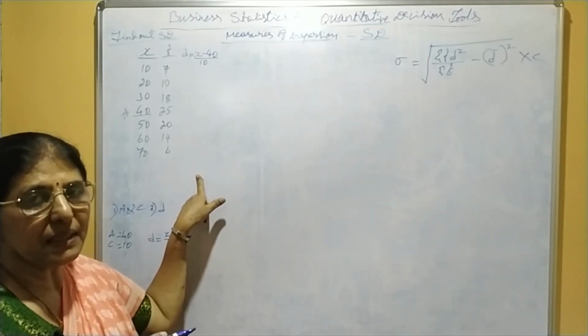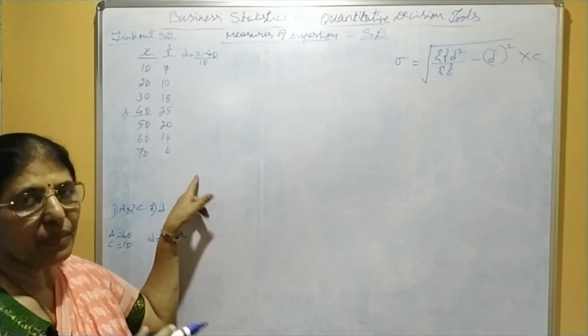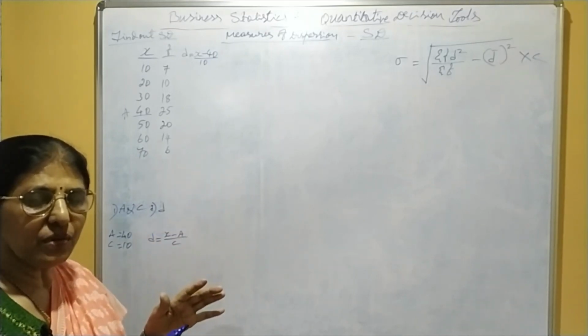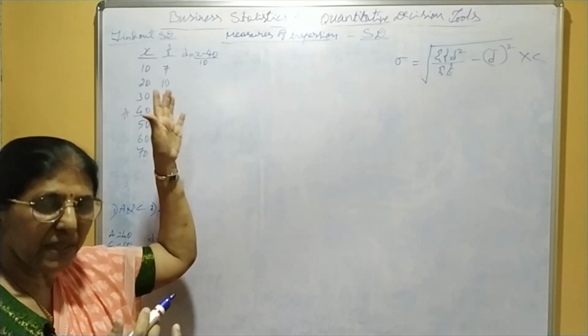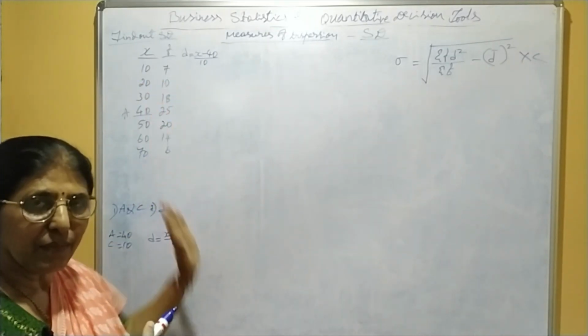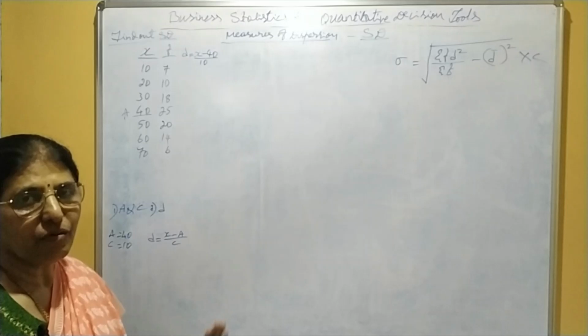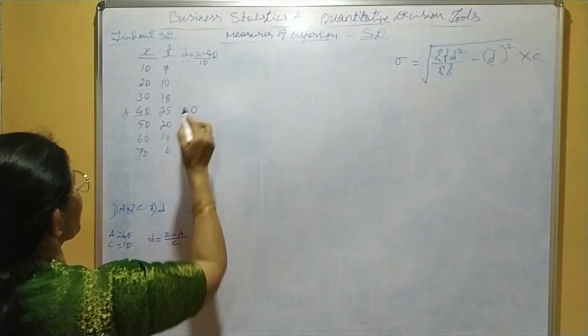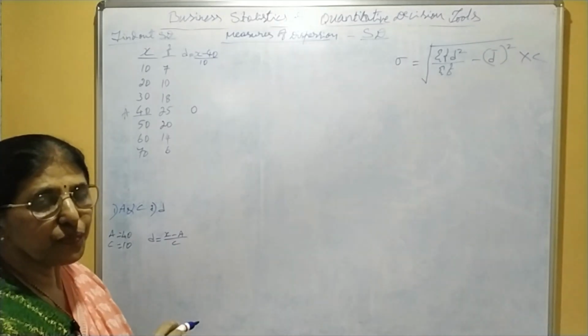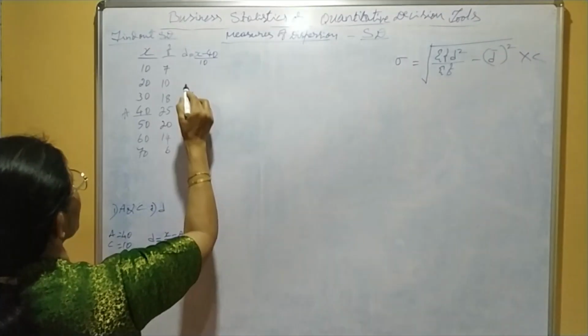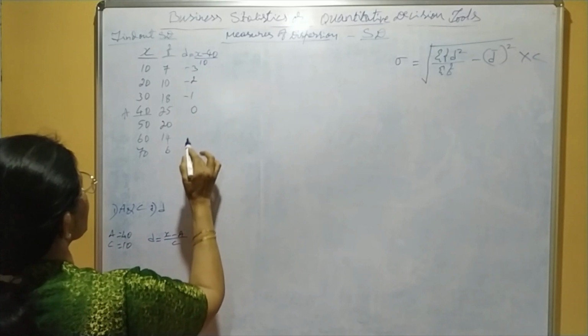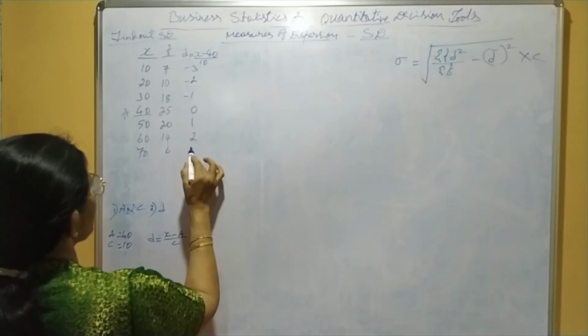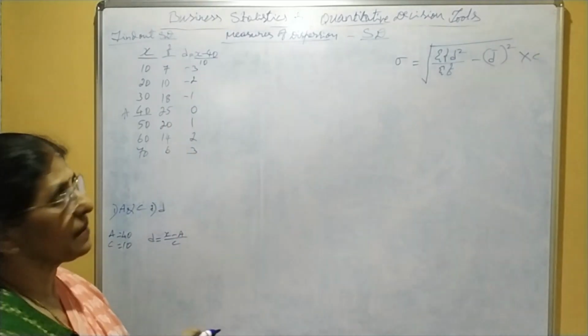If variables are in descending order, then same, corresponding to assumed mean 0, but above 0 plus sign 1, 2, 3, 4 like that, below 0 minus sign 1, 2, 3, 4, 5 like that. Now it is in ascending order, therefore take corresponding to assumed mean 0, above that minus 1, minus 2, minus 3, below that 1, 2, 3, that means plus.